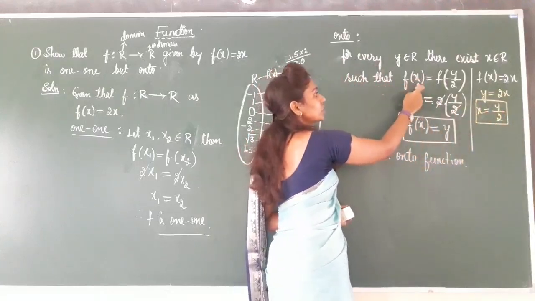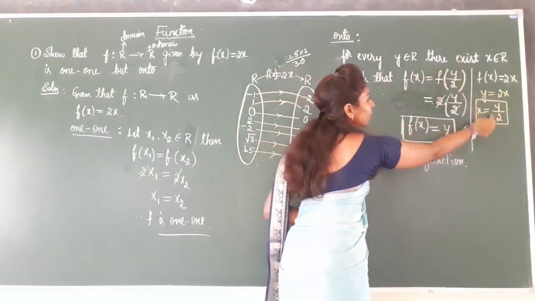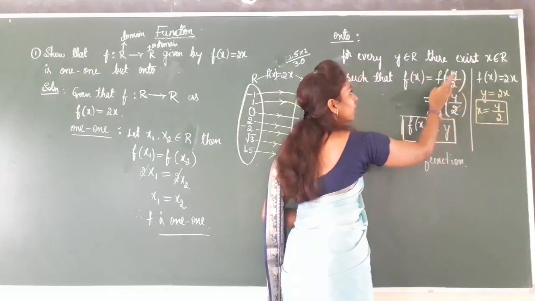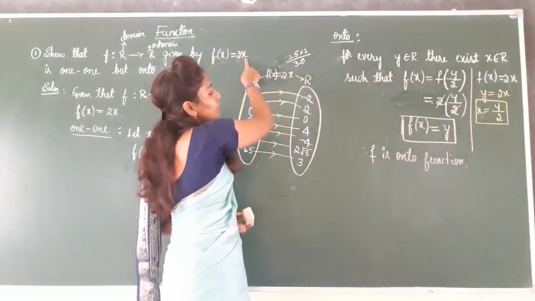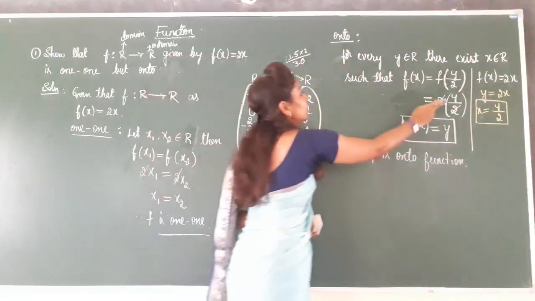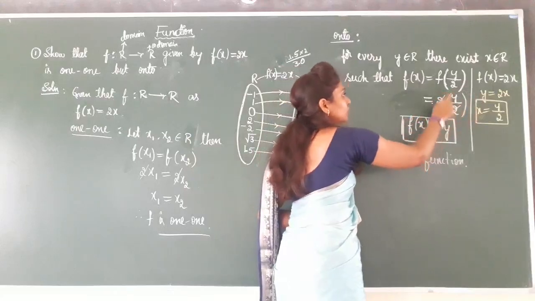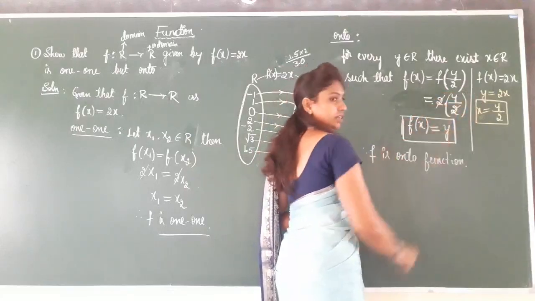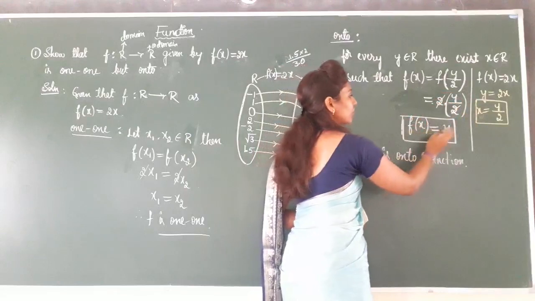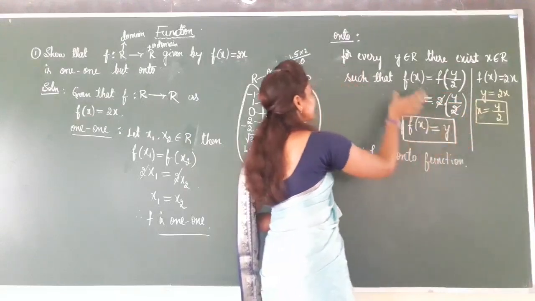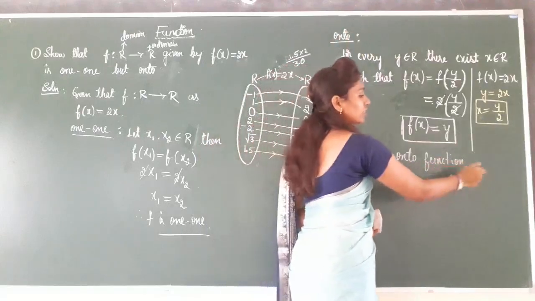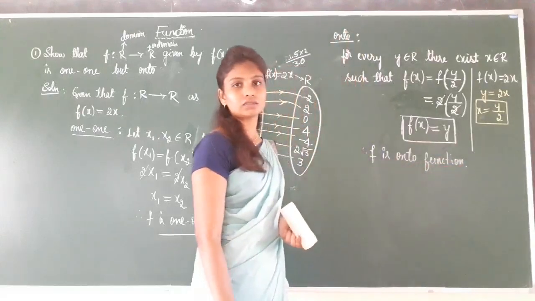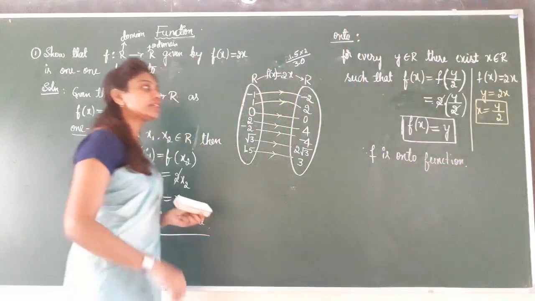So f of x is equal to f of the value of x, which is y by 2. F of y by 2, where f of x is equal to 2x, is 2 into y by 2. Then the 2 cancels. Remaining is y. We proved f of x is equal to y. This is the condition for onto function. Therefore, the function f is onto function. Clear?